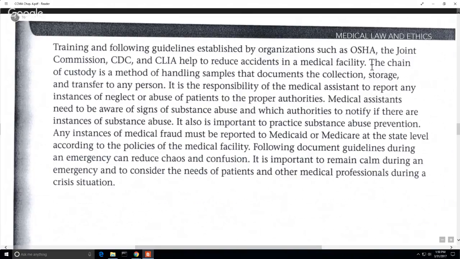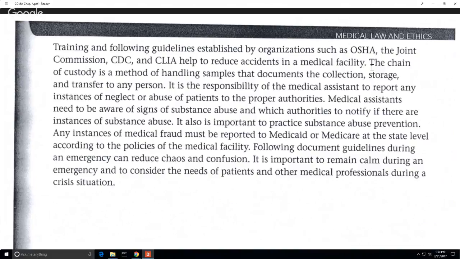The chain of custody is a method of handling samples that documents the collection, storage, and transfer of samples from any person. It is the responsibility of the medical assistant to report any instances of neglect or abuse of patients to the proper authorities.